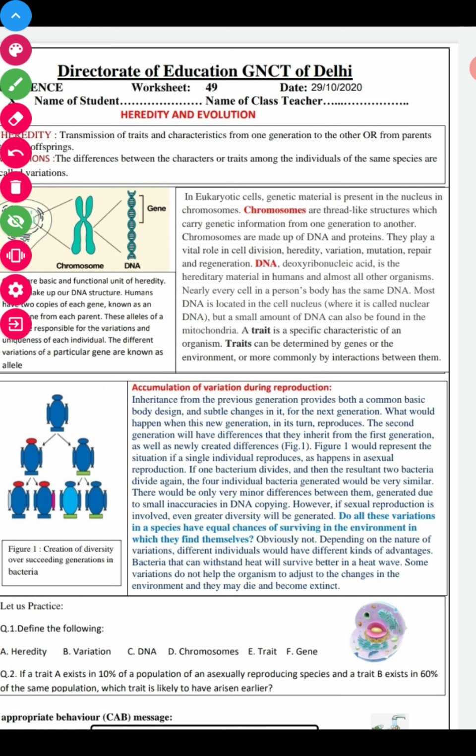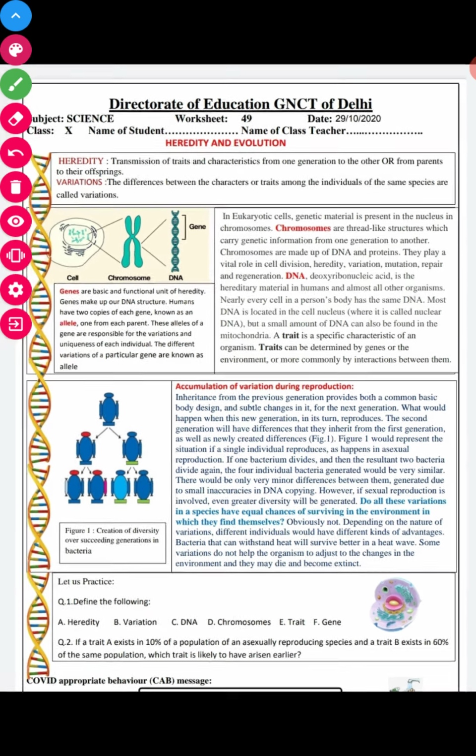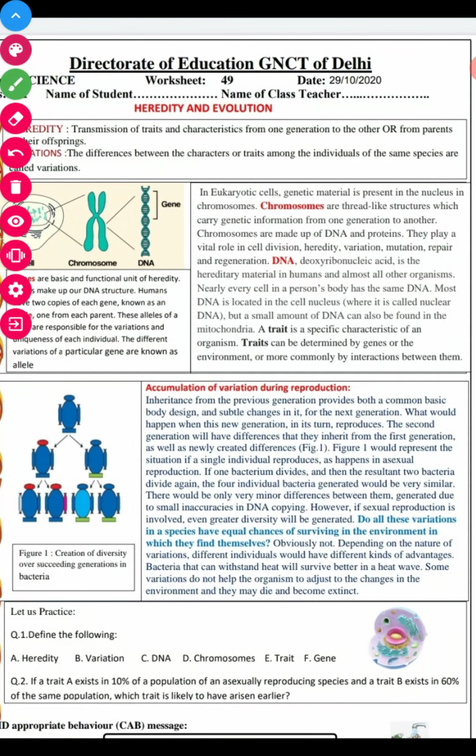So this is all about today's worksheet. Let's do the practice exercise. We have first hereditary. Okay, you can write the definition of hereditary from here. This is the definition of hereditary. This is the definition of variation. DNA is the hereditary material in humans and in almost all organisms.